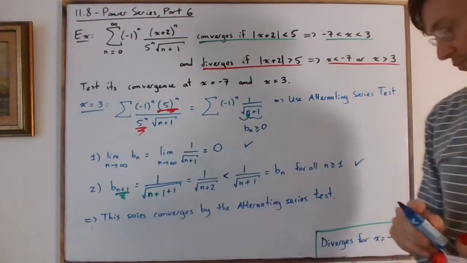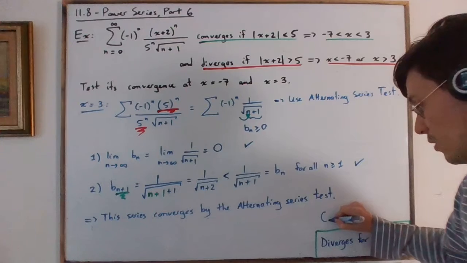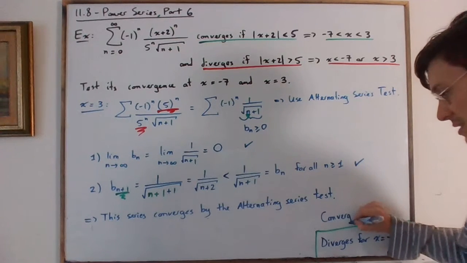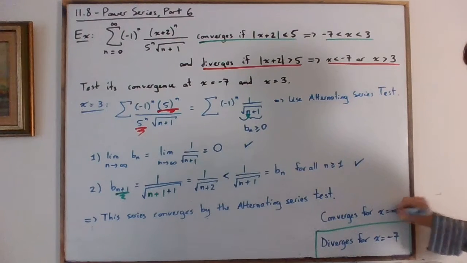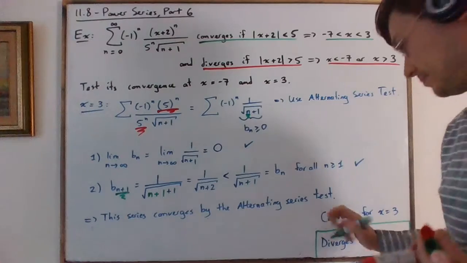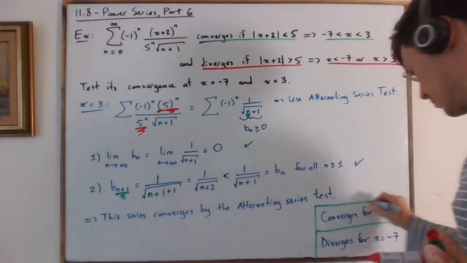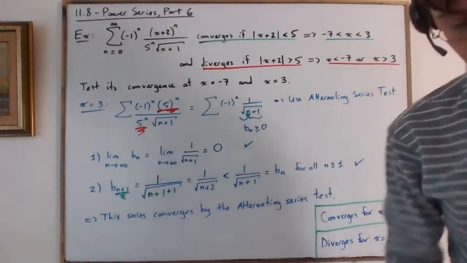Okay. So again, let's write in a box here. Let's take note that it converges for x equals 3. Okay, let's put that in a box, and let's erase all of this.